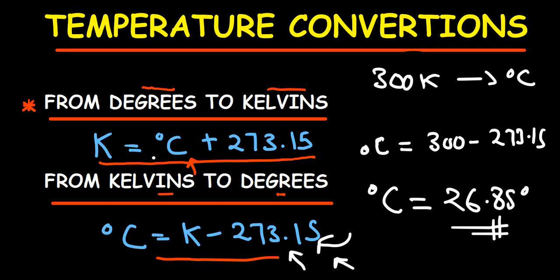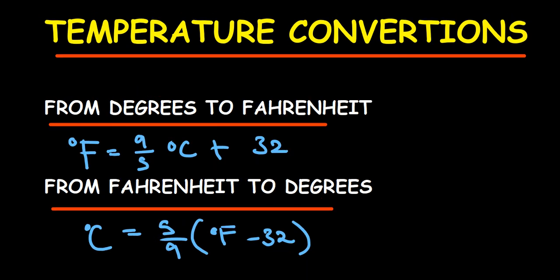The other one is when you are converting from degrees Celsius to Fahrenheit, or from Fahrenheit to degrees Celsius. If you are given a temperature in degrees Celsius and you want to convert it to Fahrenheit, you use this formula: 9/5 multiplied by that temperature in degrees, plus 32.